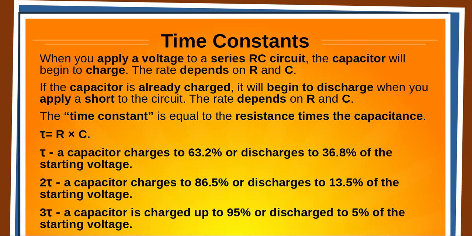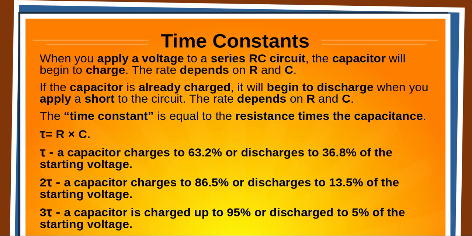We use the Greek symbol tau to represent a time constant, and it's the product of the resistance and the capacitance. One time constant will charge up to 63.2%, or approximately 5/8 of the value, or discharge to 36.8%.